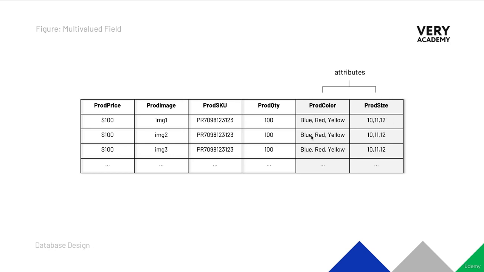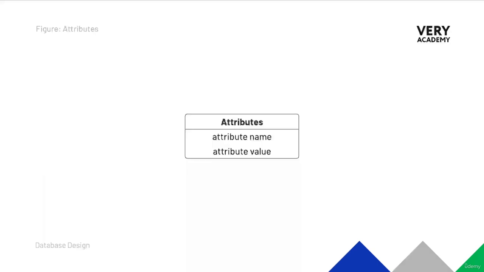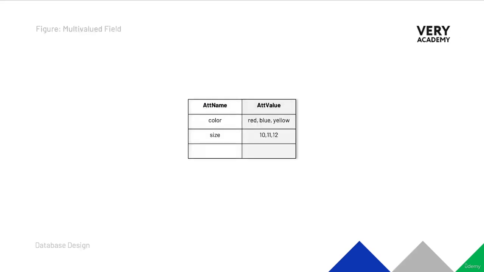Because they're multi-valued fields, we're going to extract them and add them into a new table called attributes. So we extract the information, and what we need to store in our attributes table is the attribute name and the attribute value.